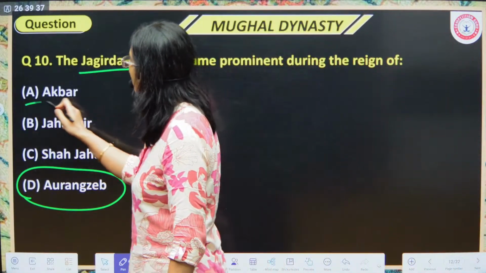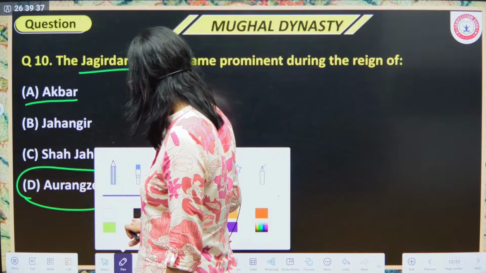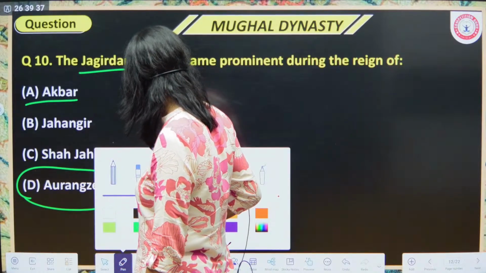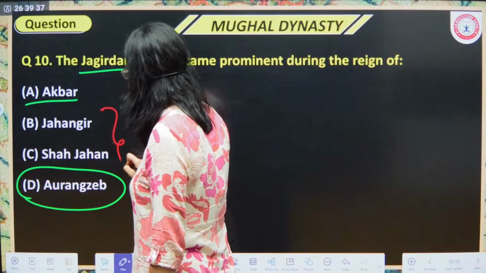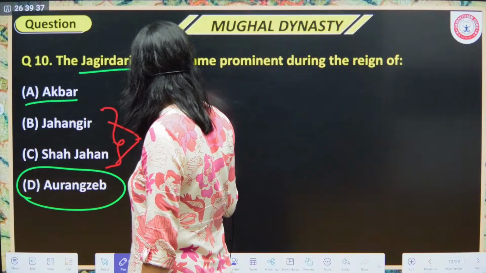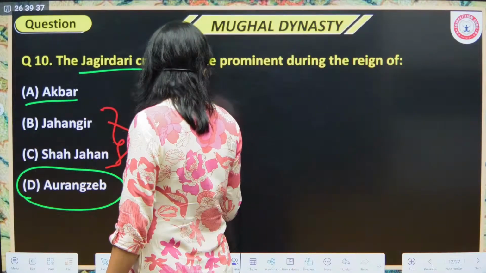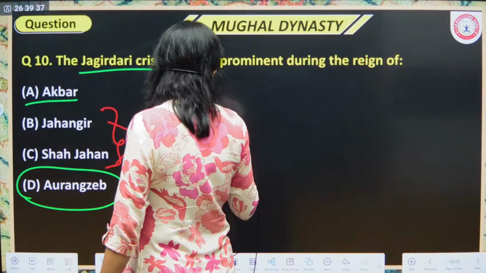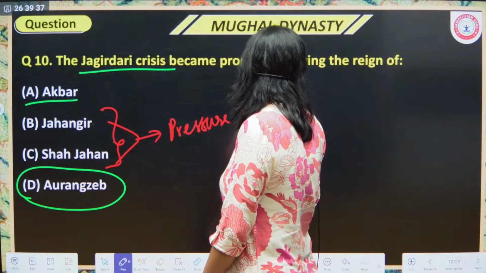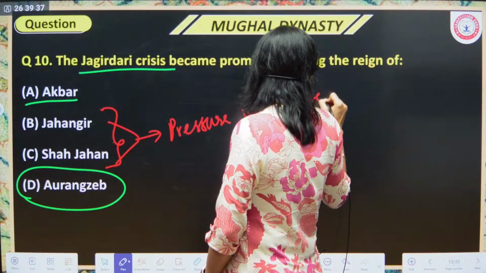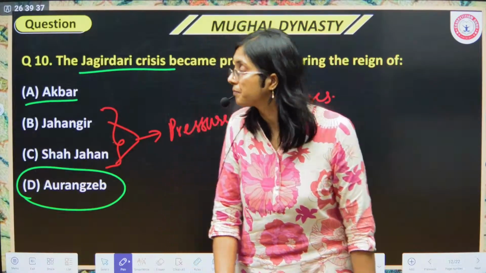At the time of Akbar, it was very good, but in the period of Jahangir and Shahjahan, pressure increases. एक तरह का दबाव जो है वो बढ़ना शुरू हो जाता है, right?